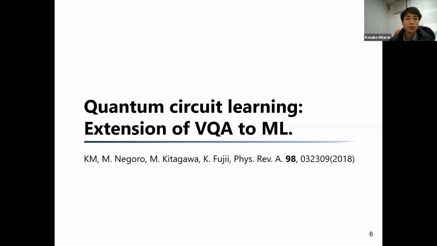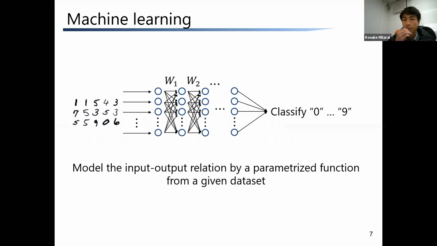First, I will talk about quantum circuit learning, which is an extension of the variational quantum algorithms to machine learning tasks. This might be too easy for you, but in machine learning, we want to model the input and output relation by a parameterized function from a given data set. For example, you are given a handwritten digit like this, taken from MNIST data.